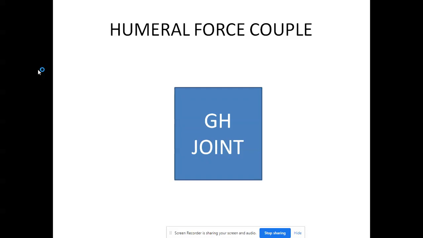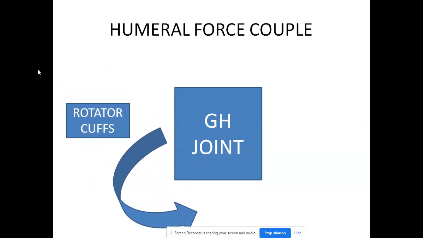So when we are dealing with humeral force couple, we know that we are dealing with the glenohumeral joint. On one side, let your rotator cuff be. As I already told, the rotator cuff is very much needed for causing any movement at the GH joint, that is the glenohumeral joint. I already told you in the last slide that if a force couple term comes, there should be two different sets of muscles.